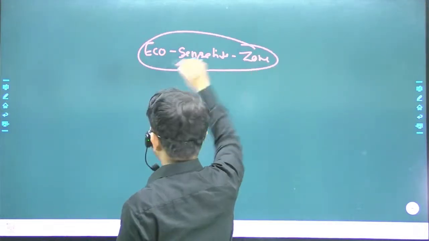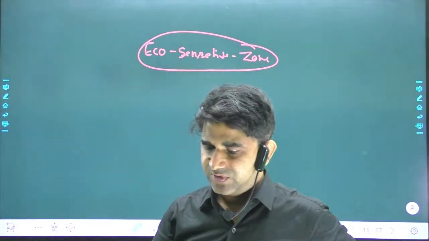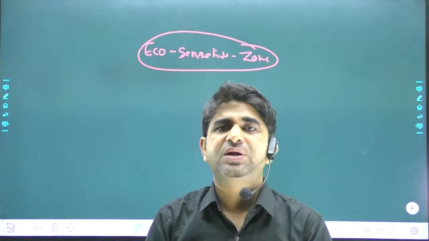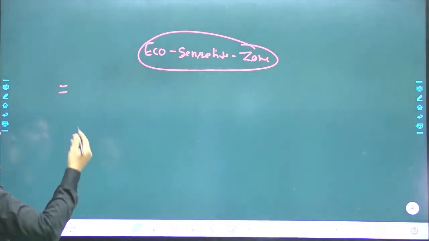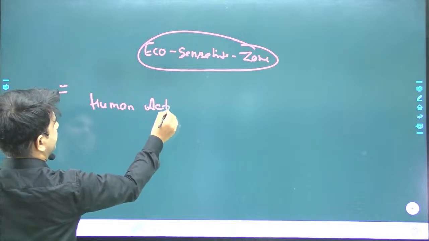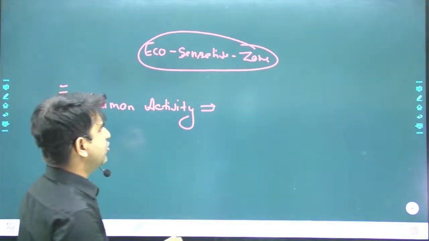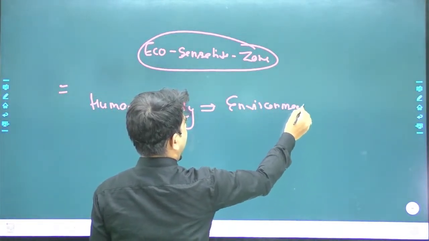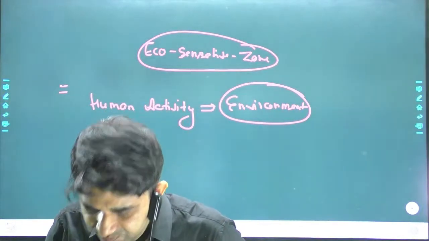So in the eco-sensitive zone, what happens there? When we talk about eco-sensitive zones, these zones have a huge impact on the environment. In the previous question, it was asked that human activity has some impact on the environment.